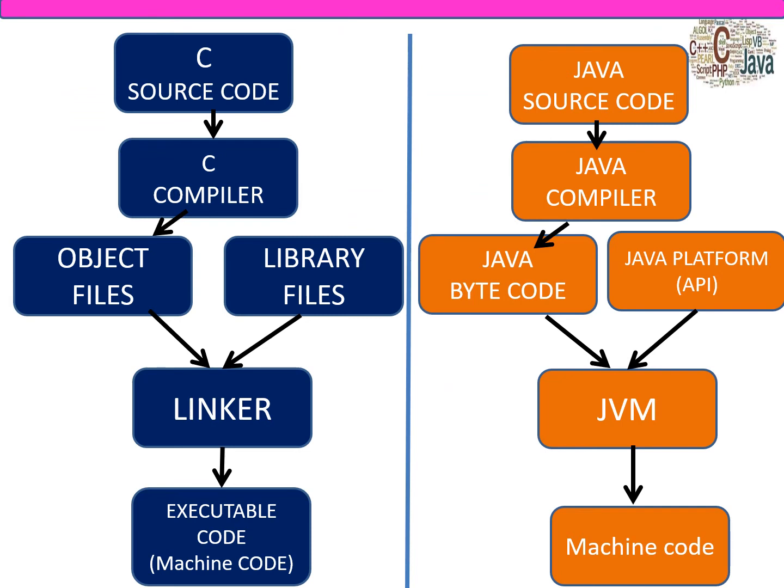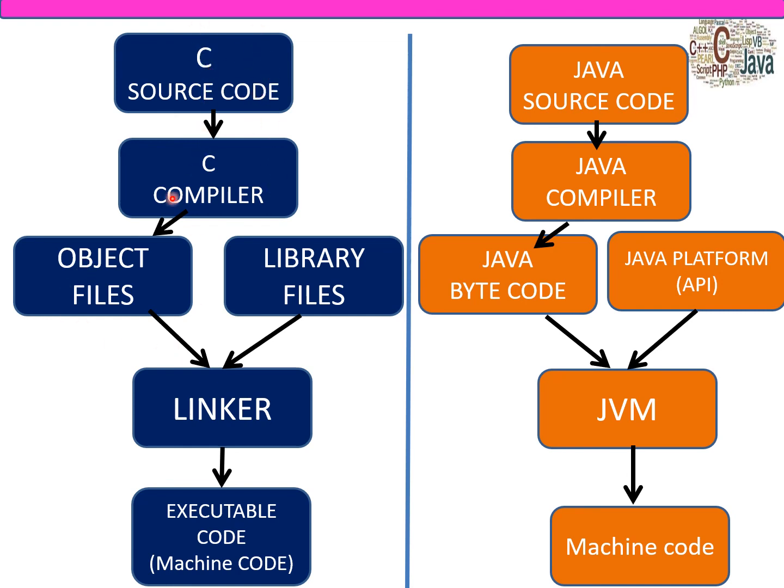This slide shows the difference between how C source code is converted into machine code and how Java source code is converted into machine code. Here you can see a C compiler; likewise a C++ compiler can also be used if the program is written in C++.